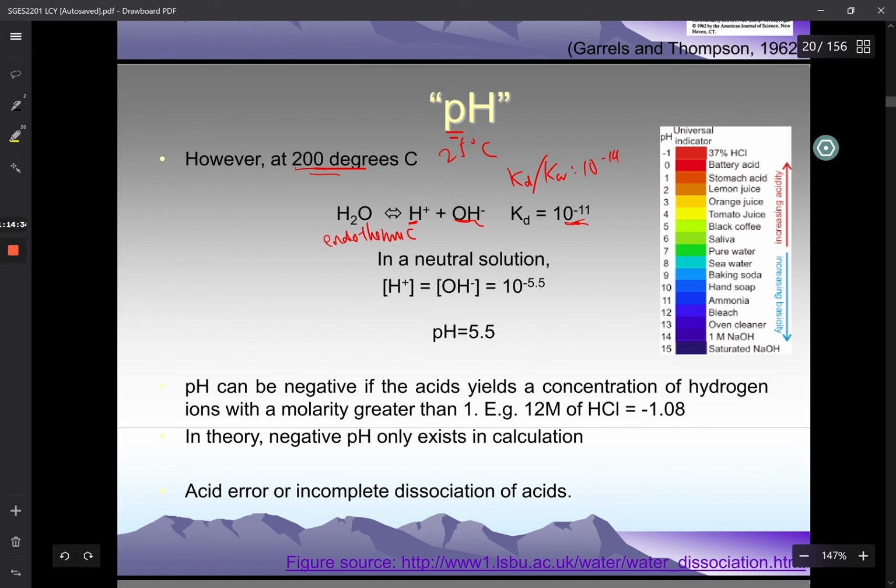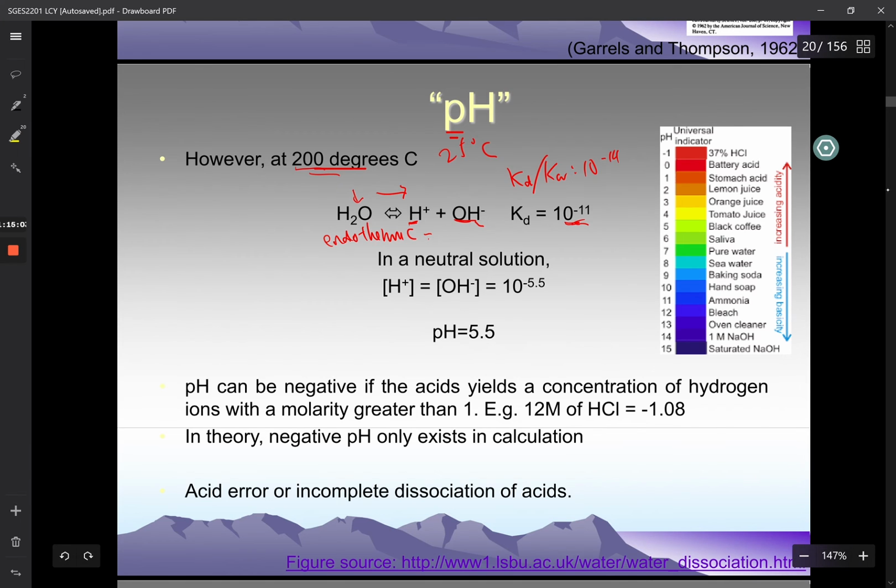I am not sure if you still remember what endothermic is. An endothermic process, if we are talking about the forward reaction, the dissociation, absorbs heat.